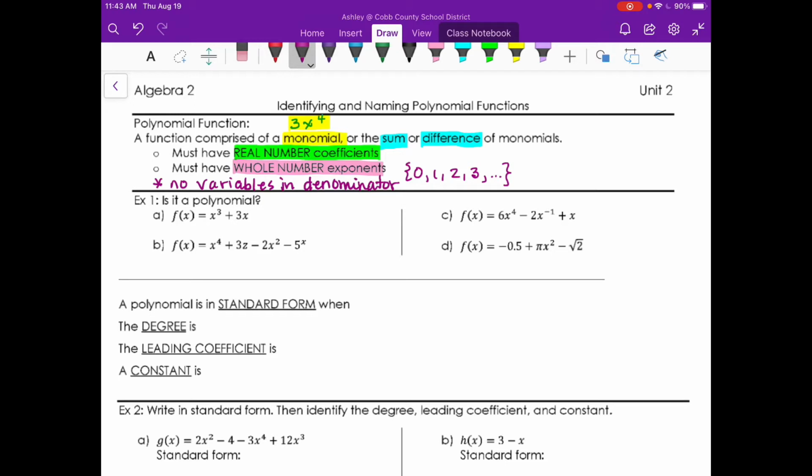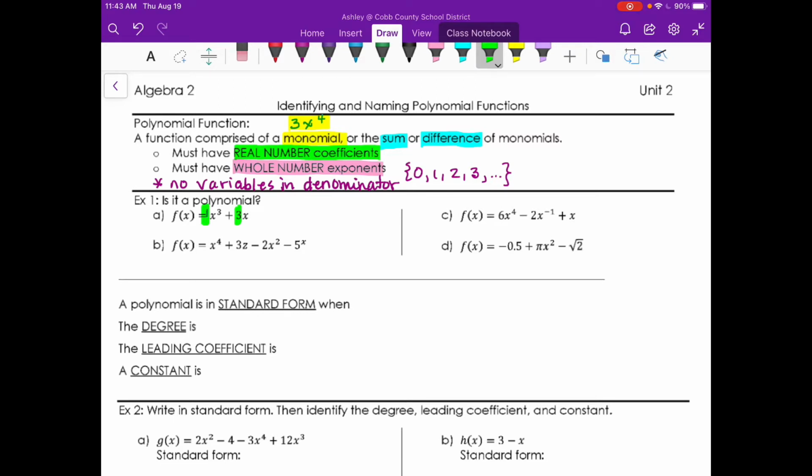So let's look at example 1 and see if it fits the characteristics of a polynomial function. First, we're going to look at the coefficients. So the coefficients are the numbers in front of the variables. Here there's an understood 1 in front of x to the third, and then there's a 3 in front of x. Those are both real numbers, so we're good there.